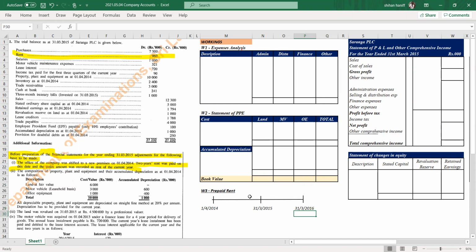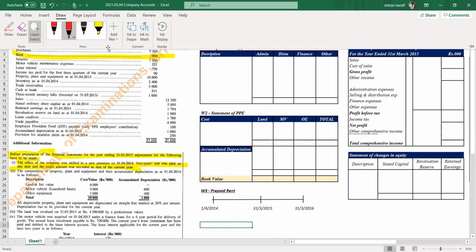So our financial year is only this period, 1st April 2014 to 2015. So how many months, how many years extra paid?